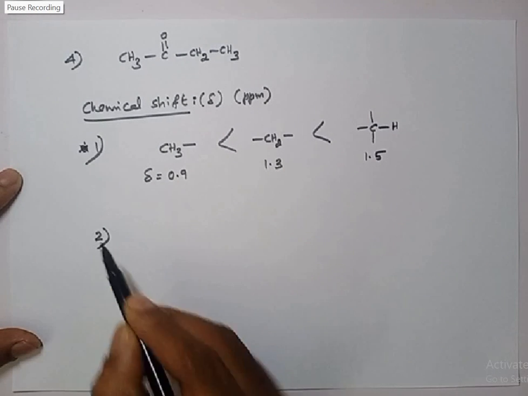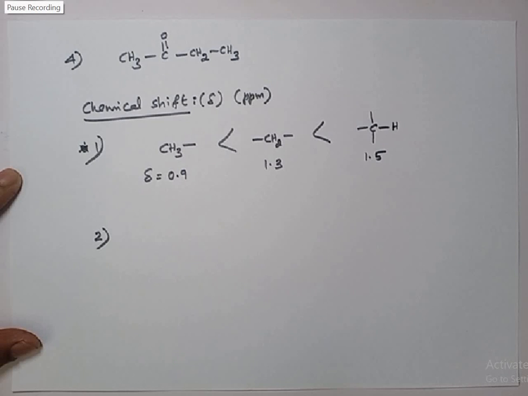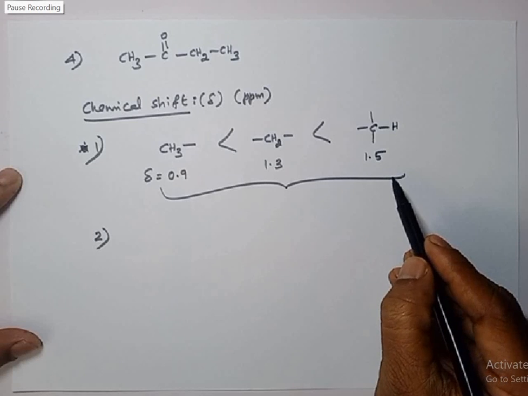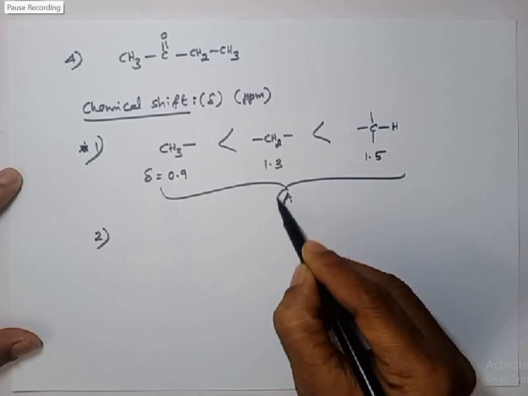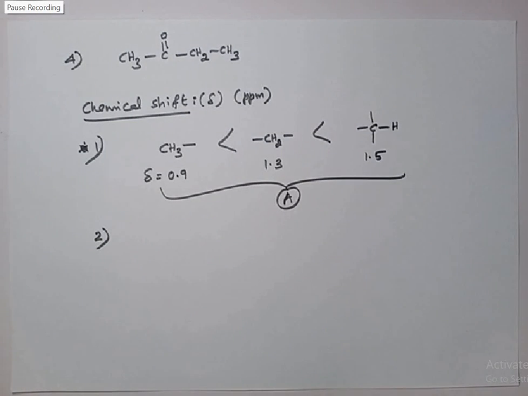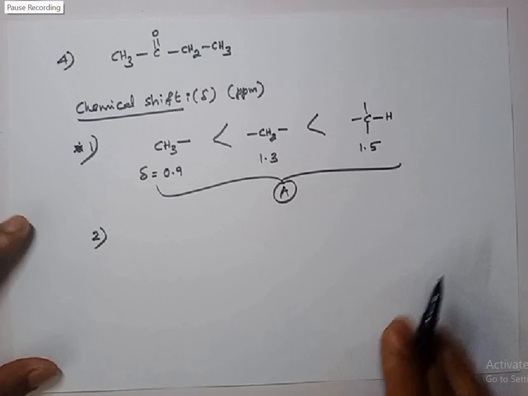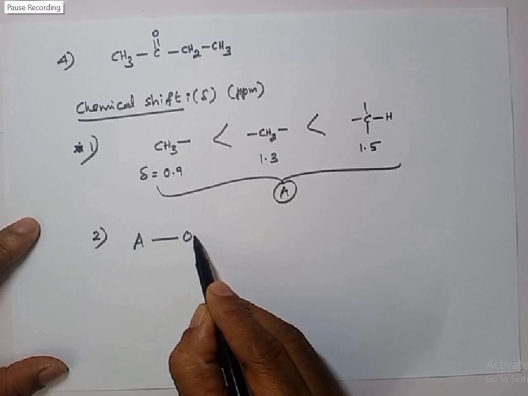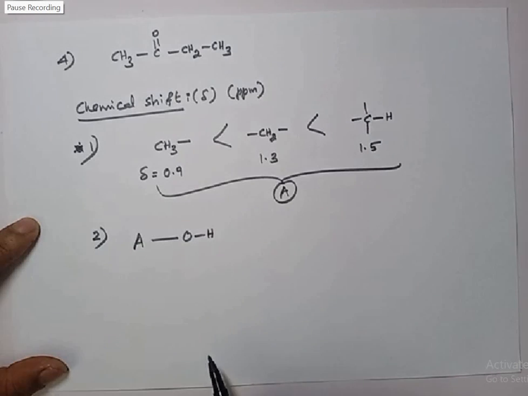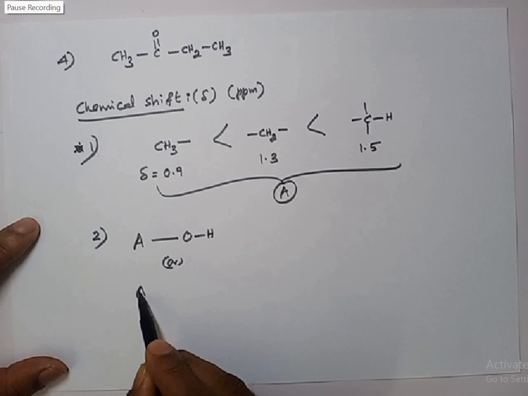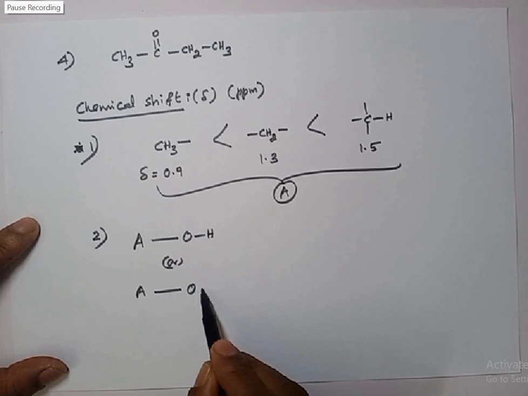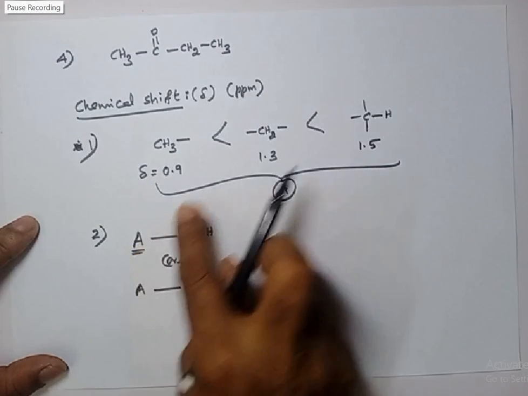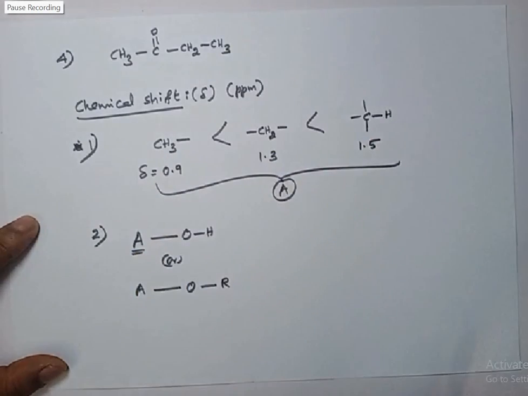Now, second information. Observe carefully, very, very important. Let me take these methyl, methylene and methine groups as A. They are all A proton. Now, if this A is connected to an alcohol group, or if this A is connected to an ether group, this A may be methyl, methylene, or methine.